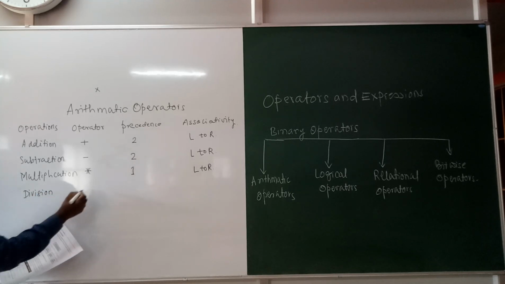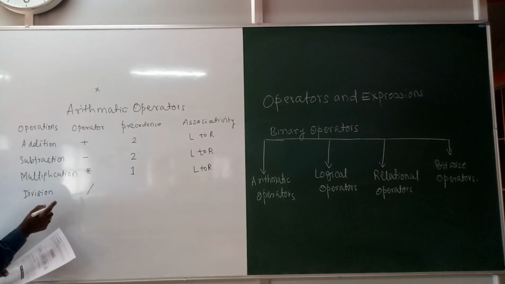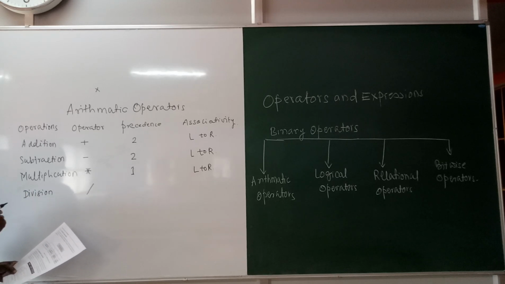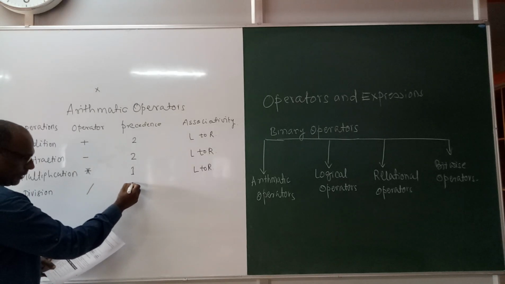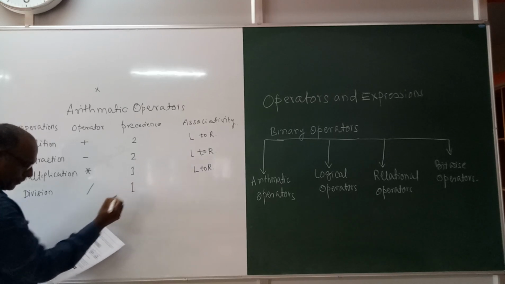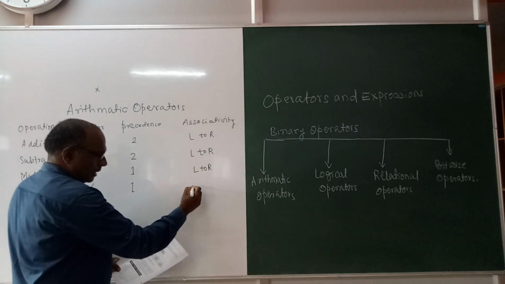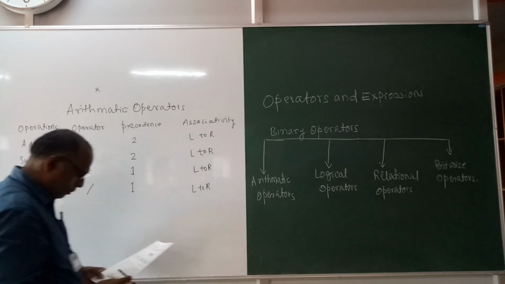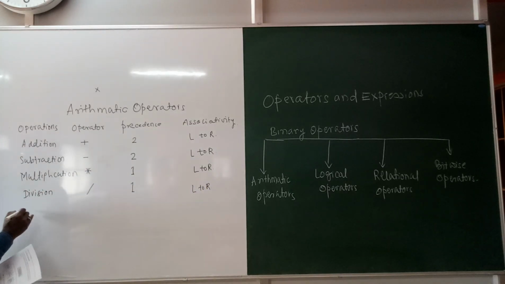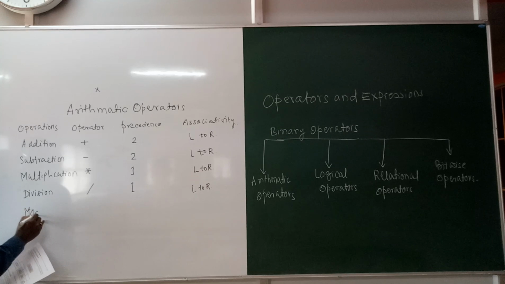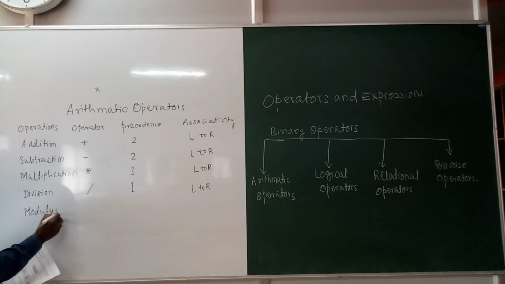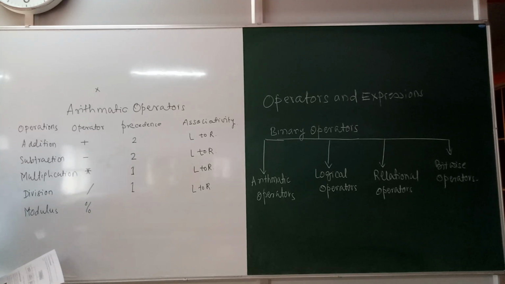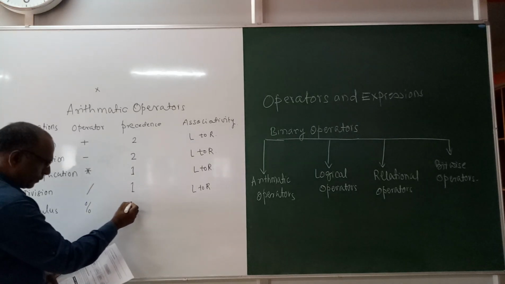Division. This is slash. There is one more slash, that is backslash. And this is 1, and again, associativity is left to right. Modulus. And we use this percent symbol to find the modulus, that is 1.